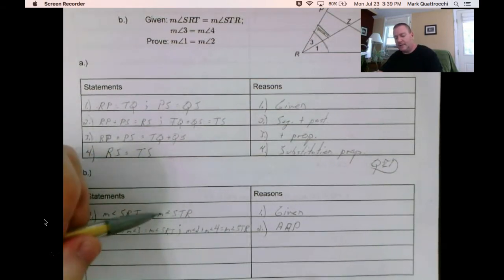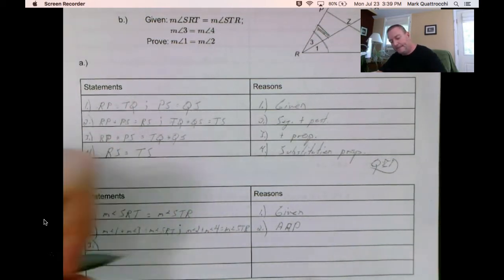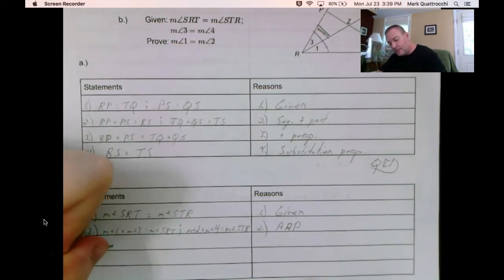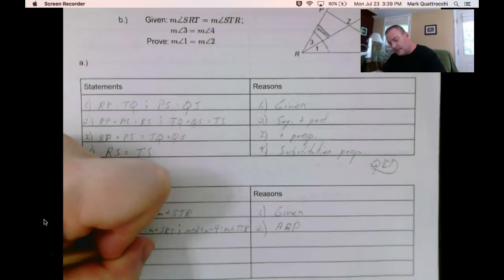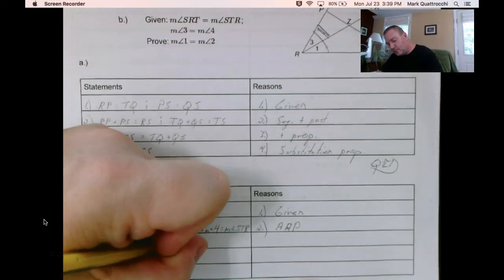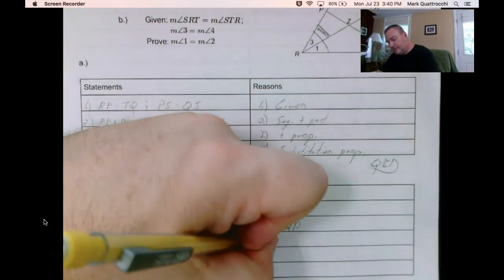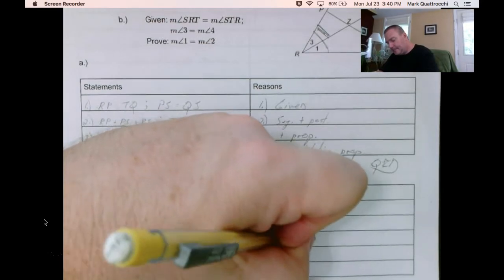And instead of writing the measure of angle STR here, I'm going to write the measure of angle 2 plus the measure of angle 4. The measure of angle 1 plus the measure of angle 3 equals the measure of angle 2 plus the measure of angle 4. And that's the substitution property.